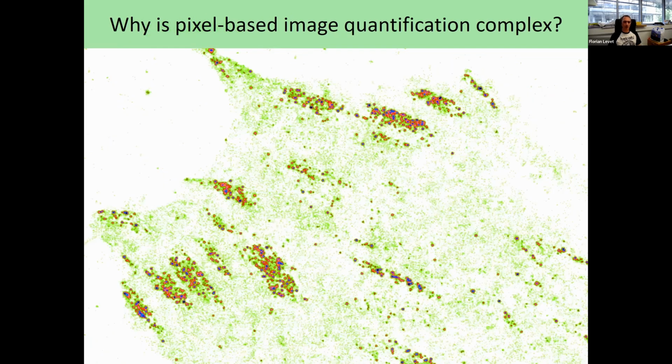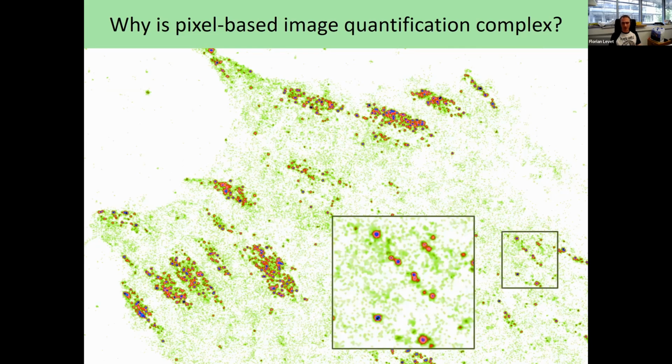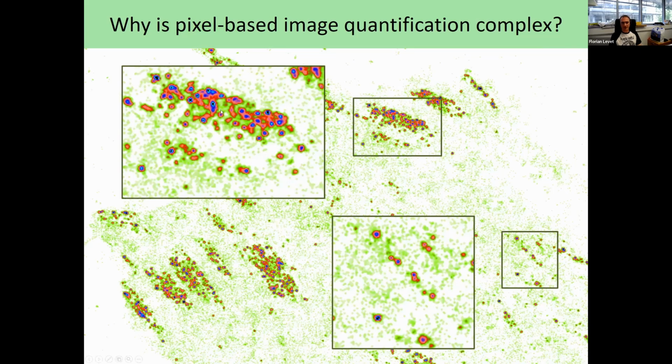But it can be even difficult when you have only one data set. So in this case, again, this fibroblast. We can see that we have very different organization between the clusters that are in the adhesion sites and the clusters in the background. So you will certainly need to change your pipeline in order to be able to segment the clusters in the adhesion sites and the clusters in the background.